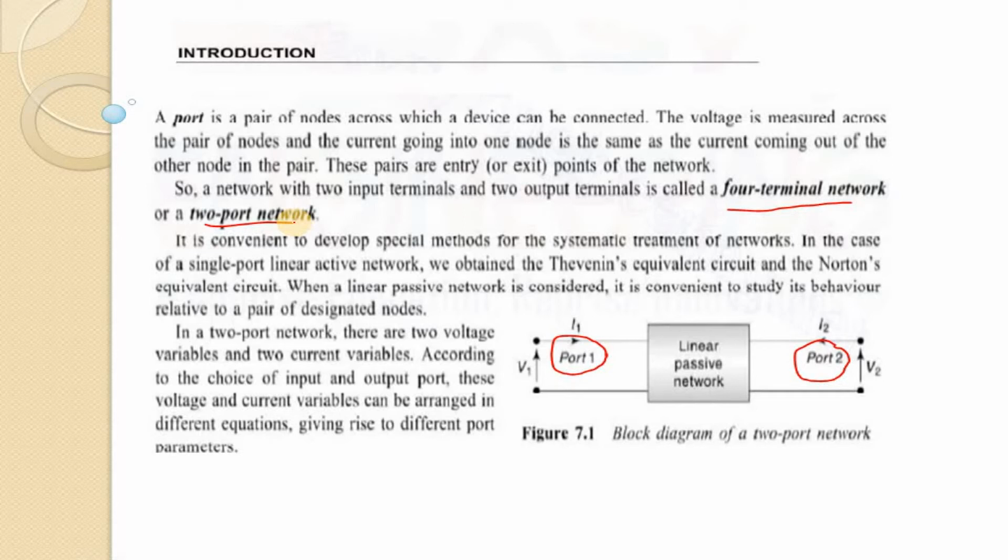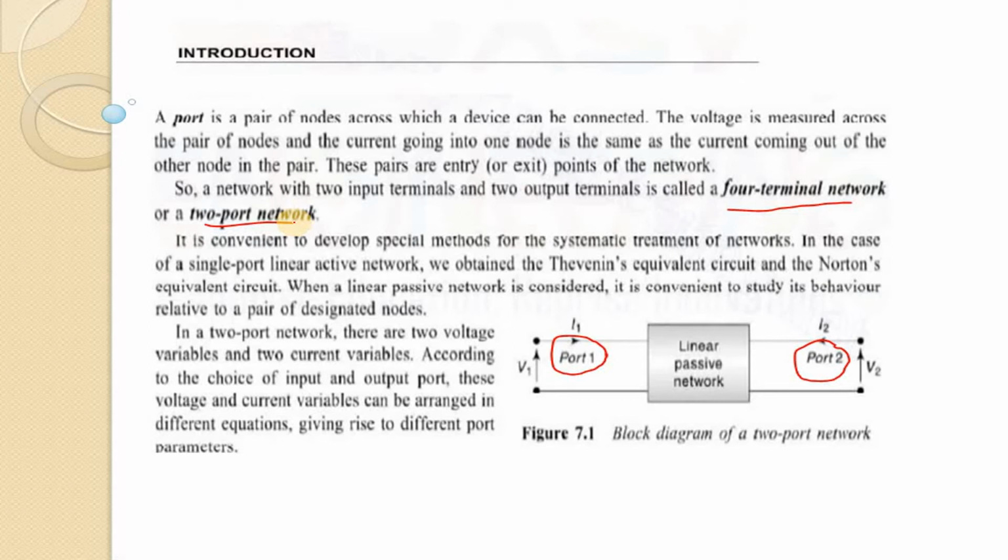It is convenient to develop special methods for the systematic treatment of networks. In the case of a single-port linear active network, we obtain the Thevenin equivalent circuit and the Norton equivalent circuit.